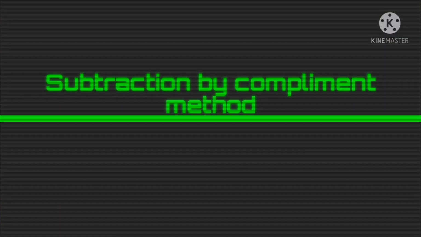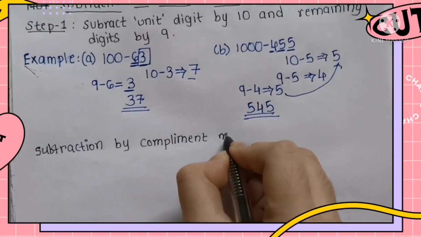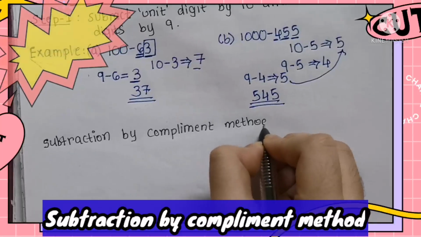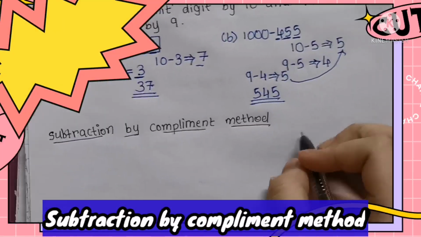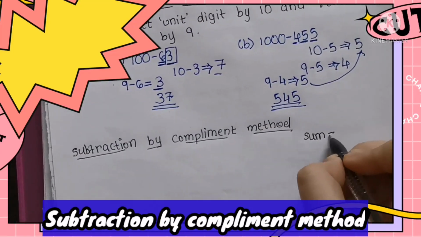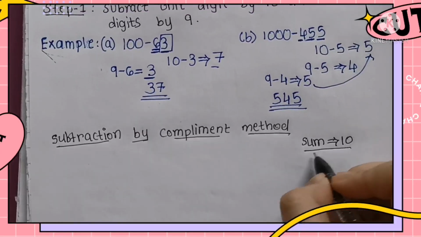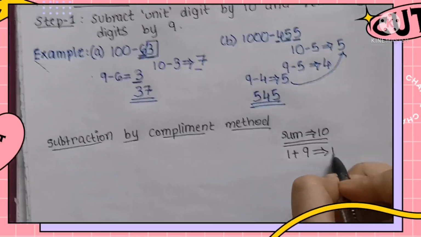Now we will see a trick which is the subtraction by complement method. So what are complements? Complements are numbers which, when added, give the number 10. For example, if we add 1 and 9, we get 10.